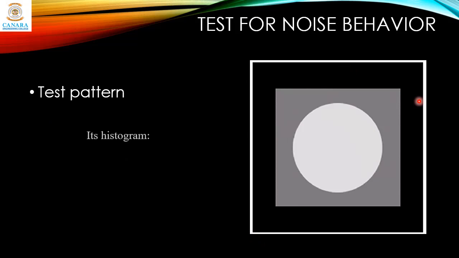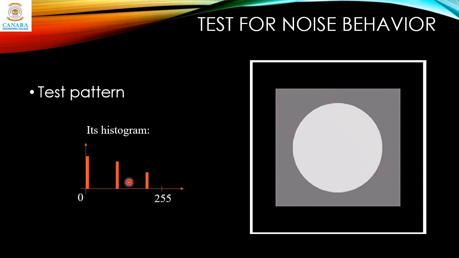For the histogram of this image, you can imagine you have this black area, so you will get a line to represent the number of black pixels, and a line to represent the gray level. This gray value is somewhat darkish gray, and then you will get a line representing this white circle.